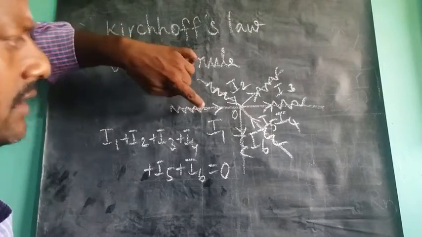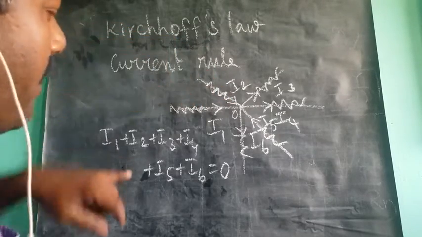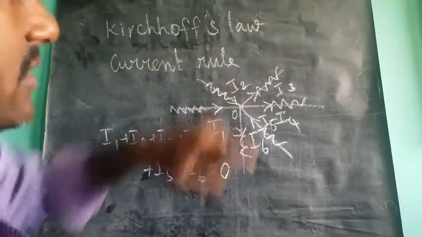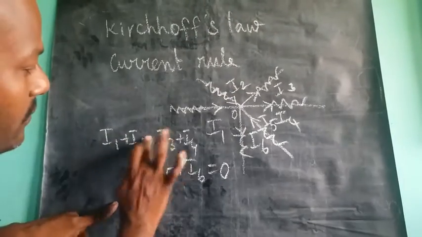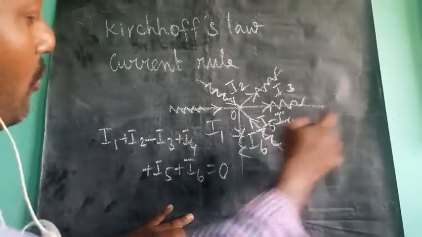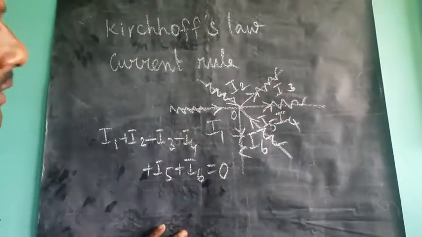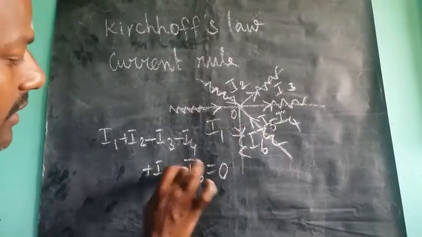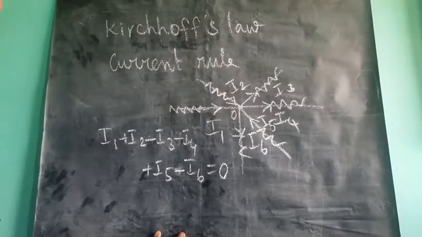When the current is moving towards the junction, we take it as positive. When the current is moving away from the junction, I have to consider it negative. So I3 is negative, I4 is negative, I5 moving towards is positive, and I6 moving away is negative.